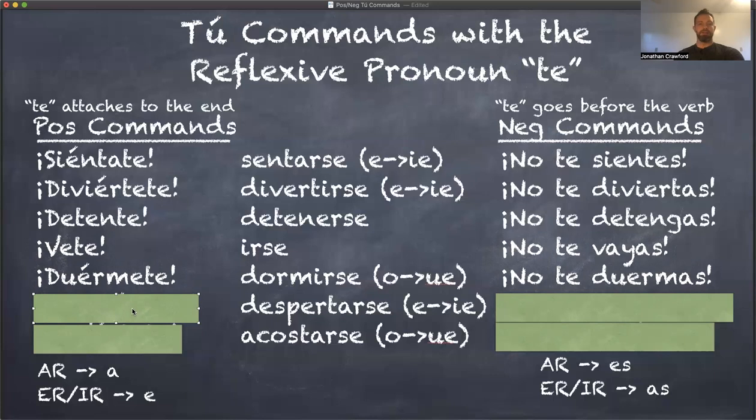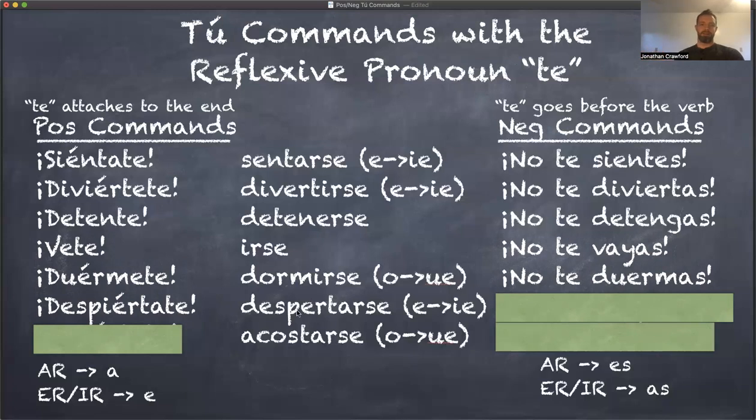Despertarse means to wake up. Despiértate. Notice it's a boot verb. If you're confused about the boot verb part because it has two E's, if it's a multi-syllable verb, it will always be the E that is closest to the ending.